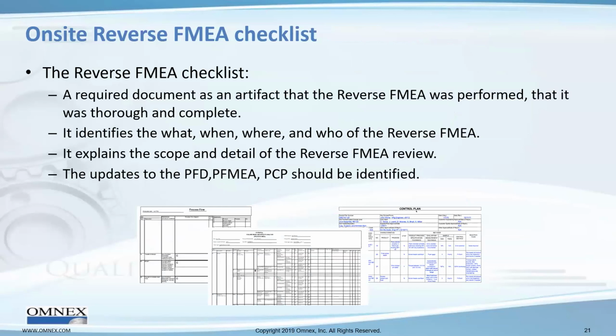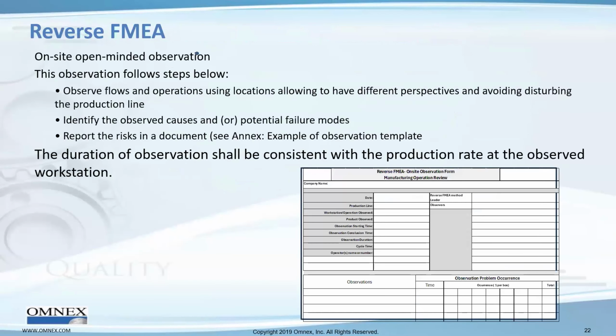And then we have a checklist where we look at who, when, where, and what, and explain the scope. And so for on-site, we're checking what our observations are. And so this observation sheet would be checking, well, did we see a defect, when did it happen, and what was the occurrence level of the defects that we saw?